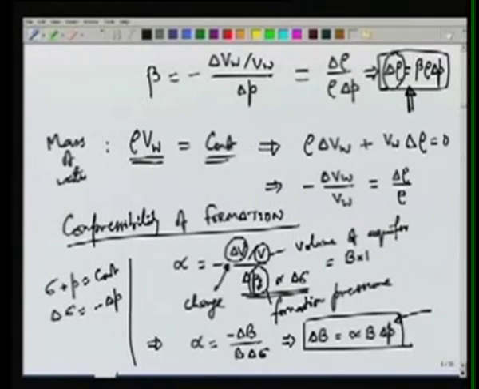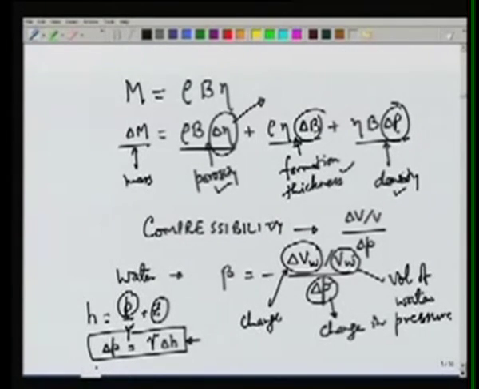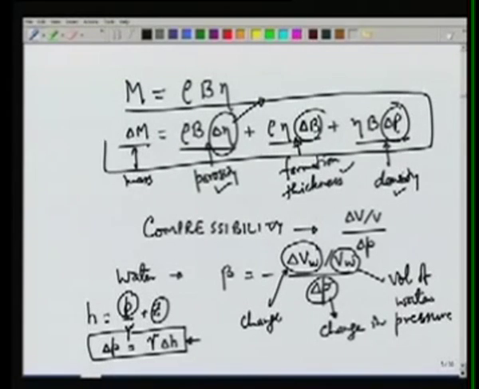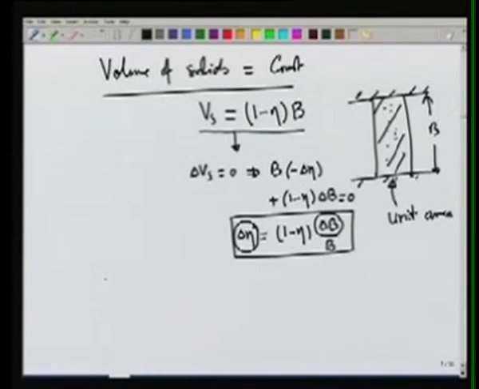So putting all these three in this equation, which tells us total change in mass, we can obtain delta M in terms of the compressibility of the water alpha and the compressibility of the aquifer formation beta.